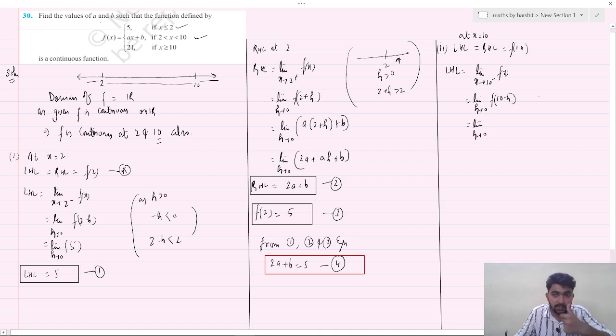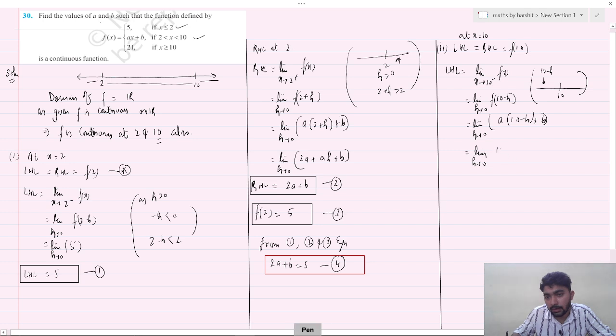What is 10 minus h? Again, you can observe that it is present on the left side of 10. Suppose this is 10 here, so 10 minus h will be on that side, the left side of 10. So we can find the value by the second piece again. Here you have a times 10 minus h plus b. Now limit h tends to 0, what we have is 10a minus ah plus b.